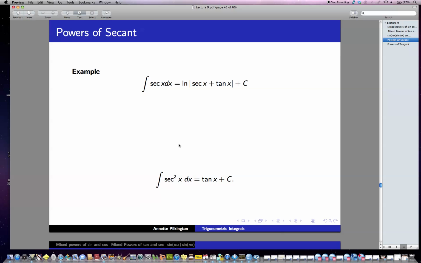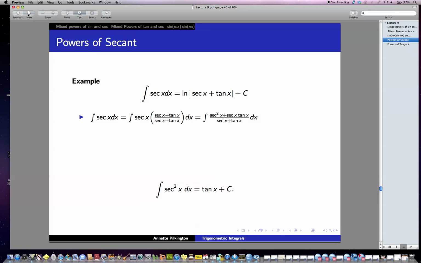How do we integrate powers of secant? Well, of course, secant to the 0 is 1, so this is a trivial function to integrate. And secant itself has an interesting integral: it's the natural log of the absolute value of secant plus tangent. And there's a trick to finding this out. The integral of secant is the integral of secant times (secant plus tangent) over (secant plus tangent).